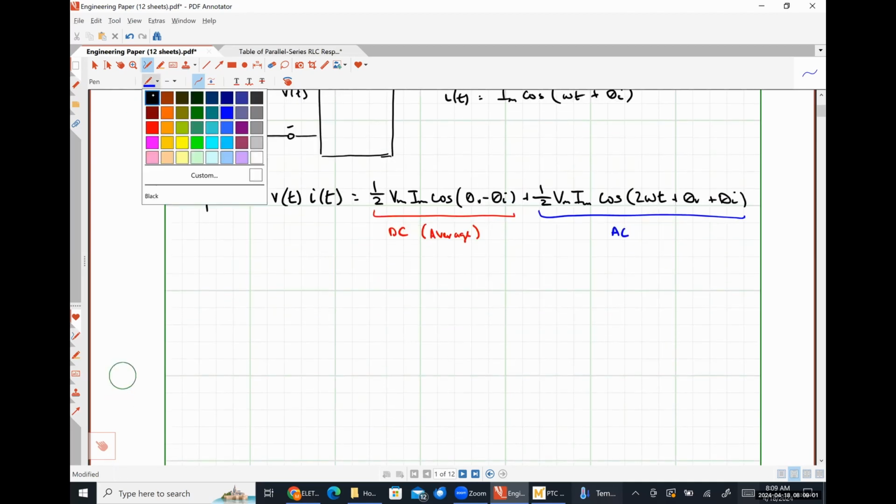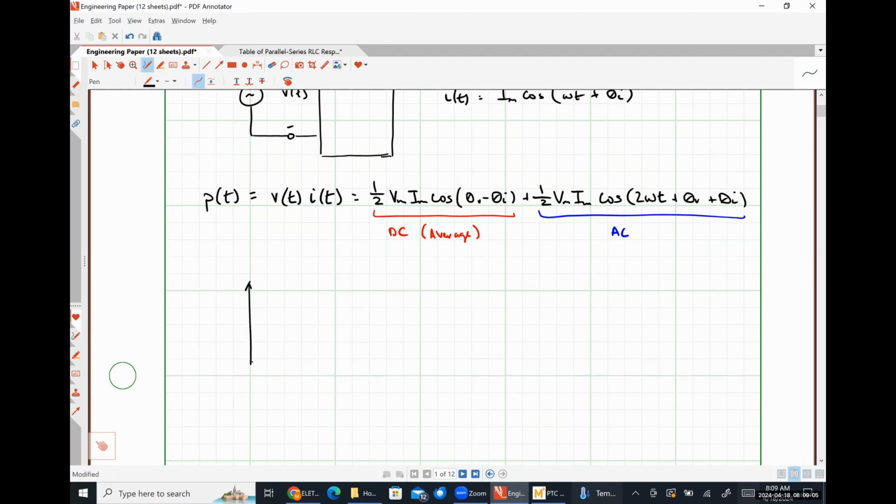So if I were to plot this instantaneous power, and bear with my inability to draw a sinusoid to save my life, it might look something like this for an inductive load, where this part right here represents my average power, okay?